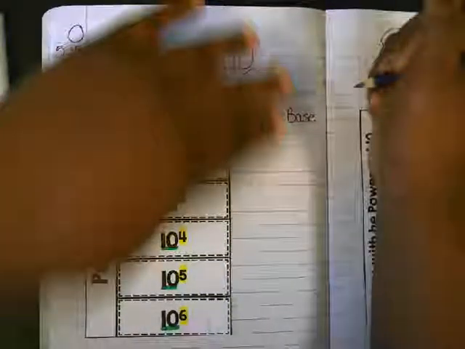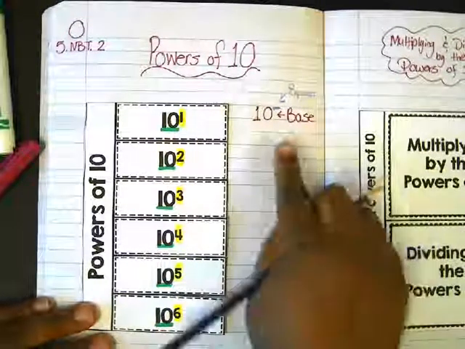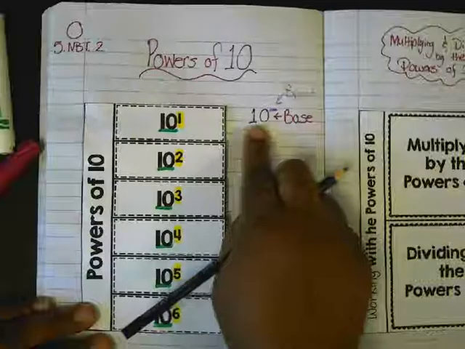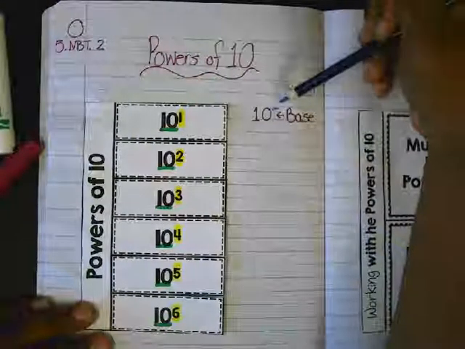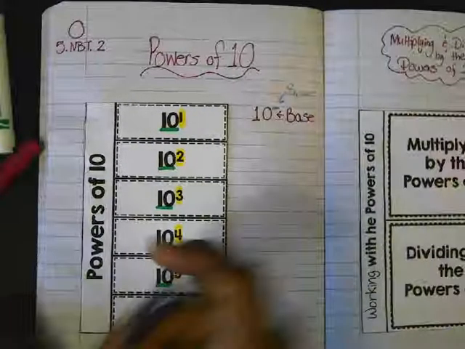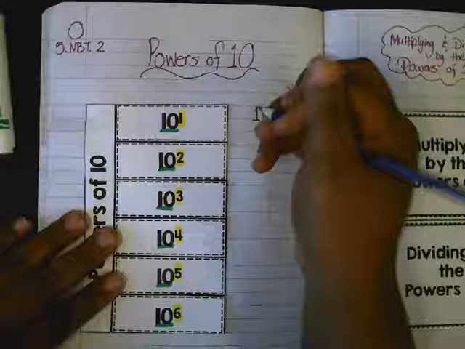Exponent. So when you have a power of 10, you have the number 10 as your base number, and the number above it right here is the exponent. The exponent tells you a couple of things. So I'm going to make a note.